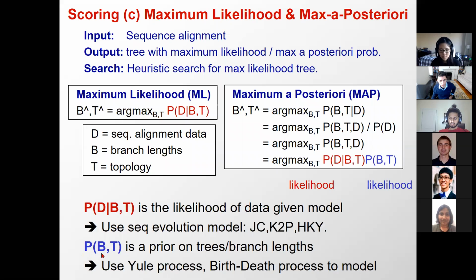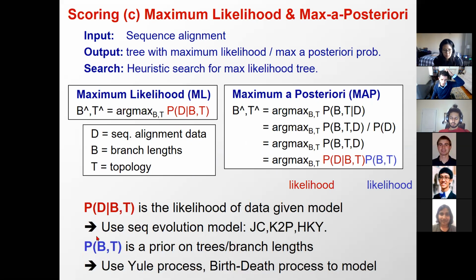The prior probability of the branch lengths and the topology is the prior, and we can use a generative model to construct the probability of that prior. So we could have, for example, a birth-death process that we could model for how likely is the topology that I'm observing and the branch length that I'm observing in absence of any data.